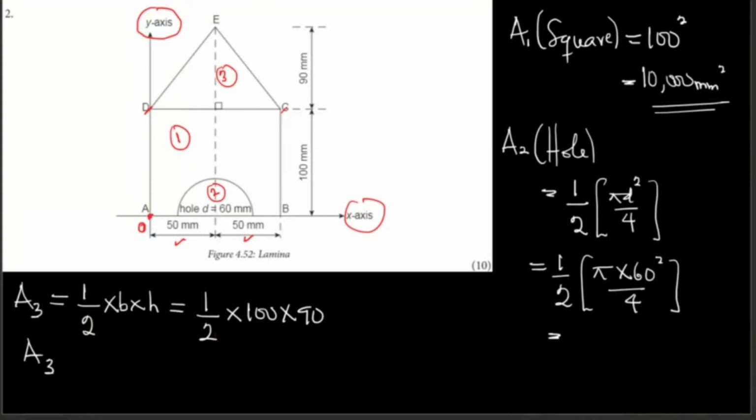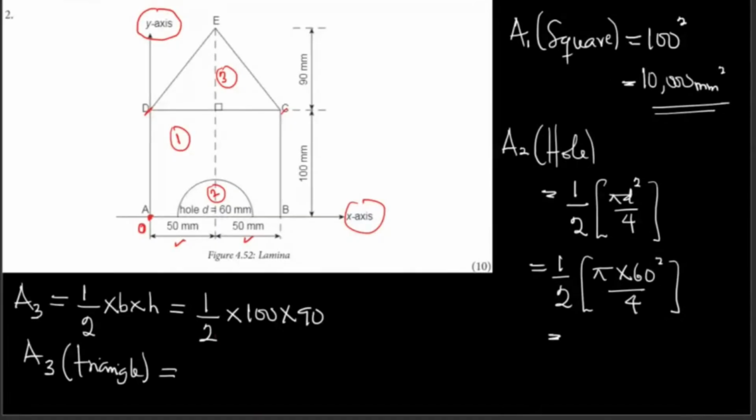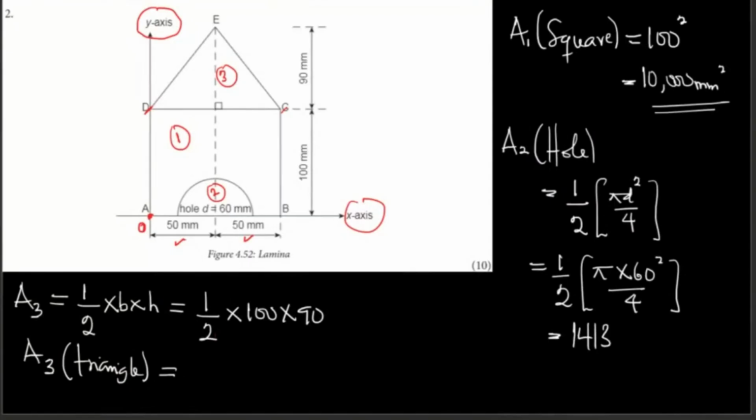So A2, the area of the hole, is 1413.72. And the area of this triangle is 9,000 over 2, which is 4,500 millimeters squared.